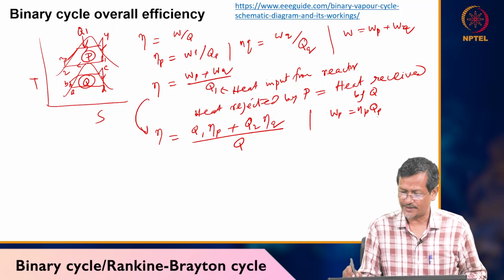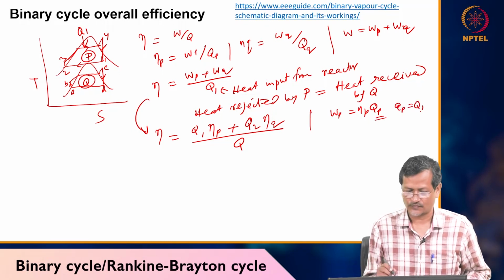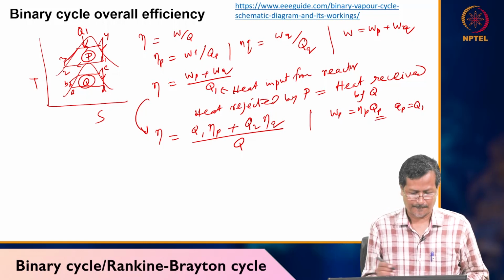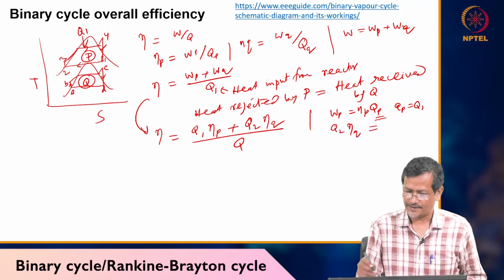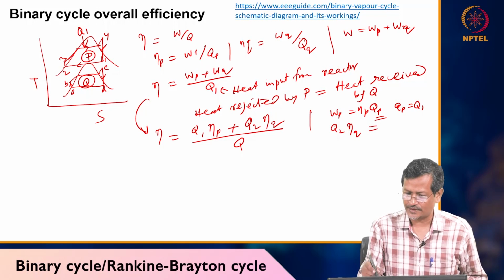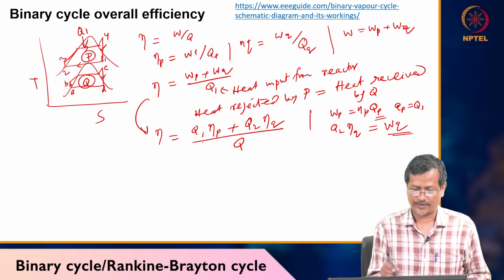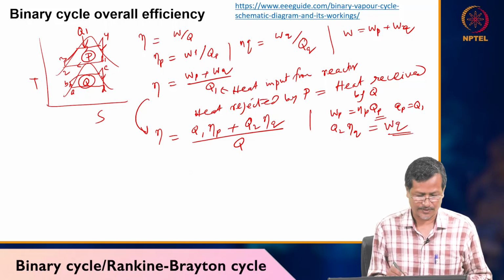Qp is actually Q1, because in the upper cycle the total energy input happens here only, right? And Q2 eta Q equals WQ. So both are put, and we are getting eta equals Q1 eta P plus Q2 eta Q.